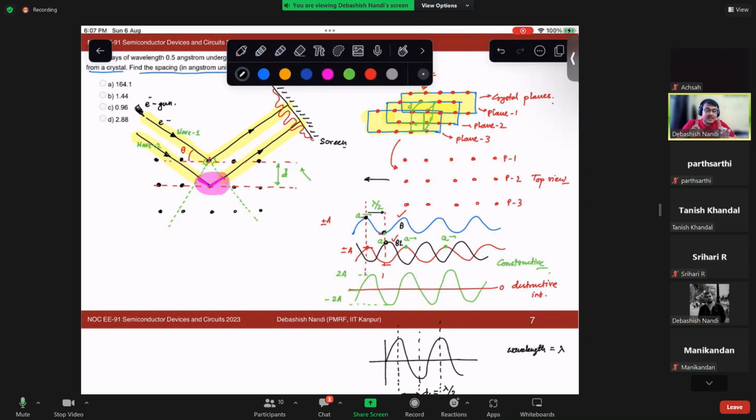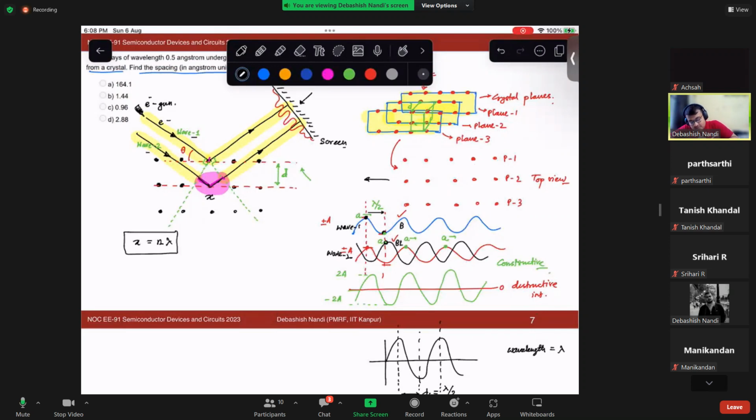That is the difference between the same phase fronts of wave 1 and wave 2. Let's call this difference x. You will see constructive interference at this screen when x equals n lambda.